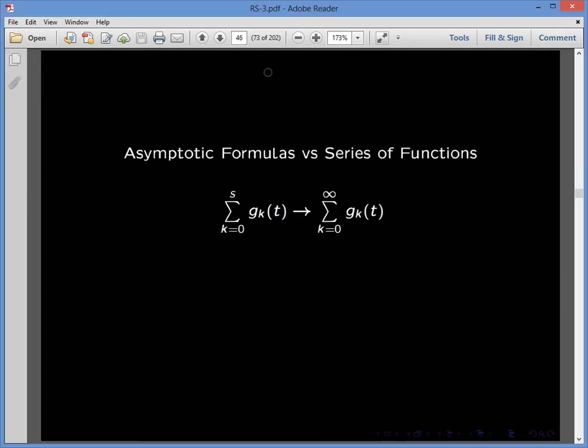Before I talk more about this power series, let me clarify the difference between these deeper asymptotic formulas and a series of a function. Usually the series of a function is denoted like this. The key point is that t is fixed while s is growing, and what happens to this infinite series? That is the main target of the series of a function.